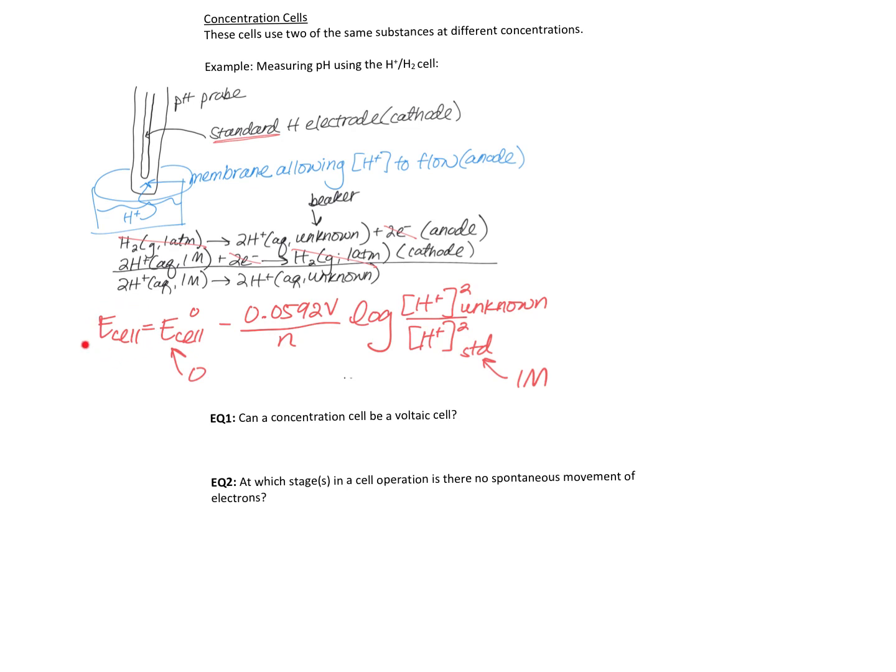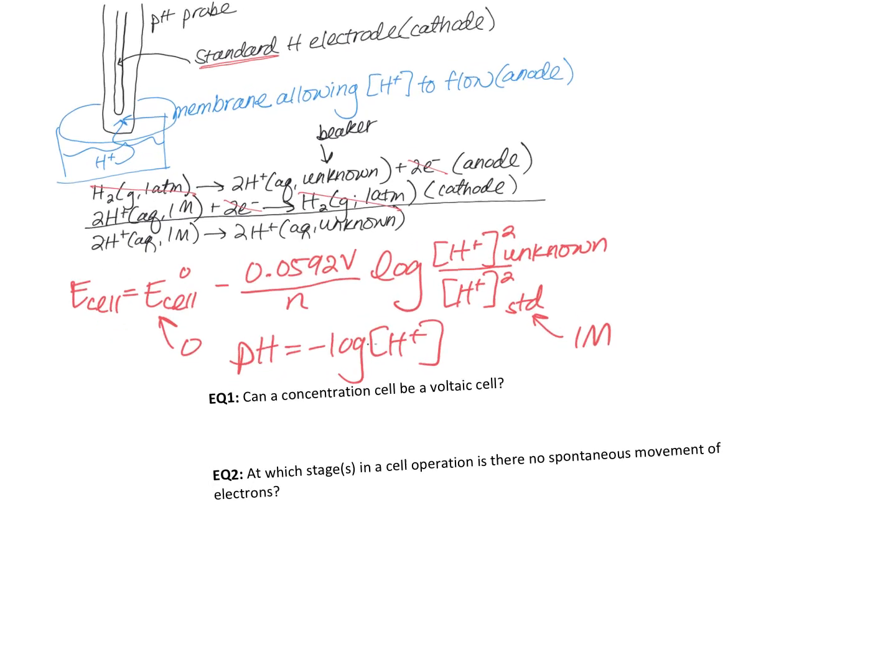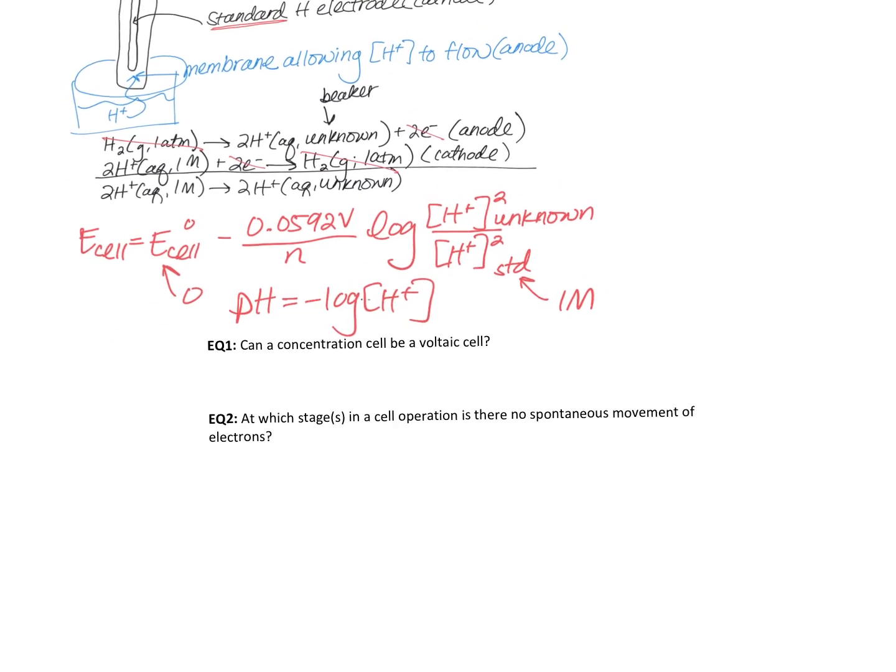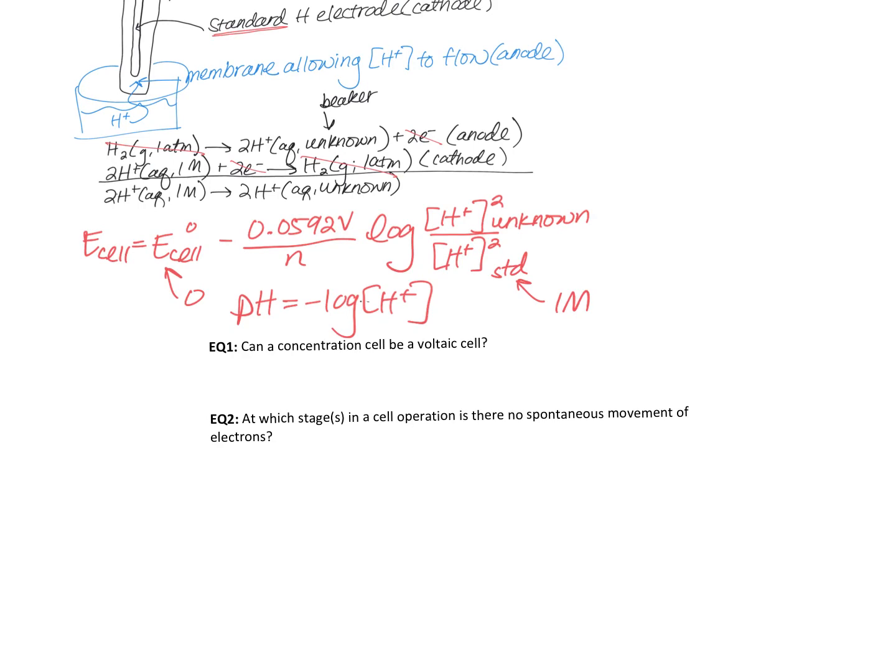So it's reading the potential difference between the unknown solution and the standard solution inside. And from that, it can use this calculation to solve for our one unknown. Notice if you have H plus concentration, then you can calculate your pH because pH is equal to negative log of the H plus concentration. So your pH probe really is just a voltmeter. It reads the cell potential between your solution and the standard inside.